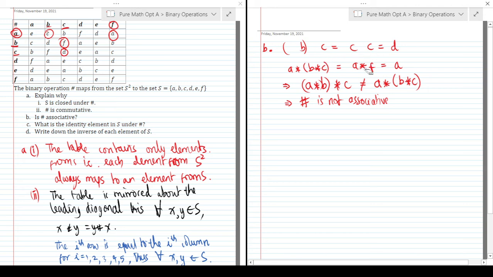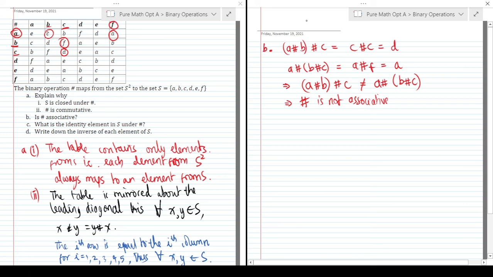But in this particular question, they gave us a different symbol, so we should be using the symbol that they gave us in the question itself. So A hashtag B done first, and then the result of that hashtag C is not the same thing as A hashtag the result of B hashtag C. So it is not associative.